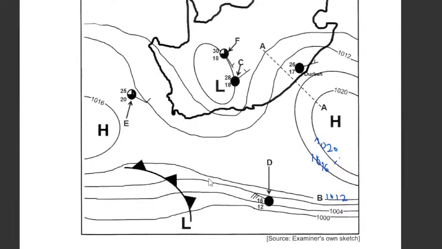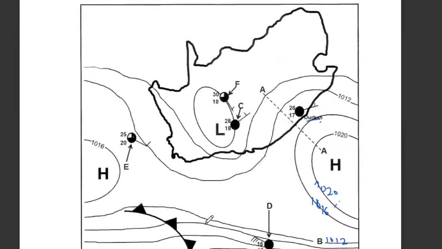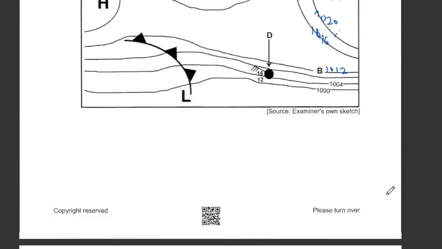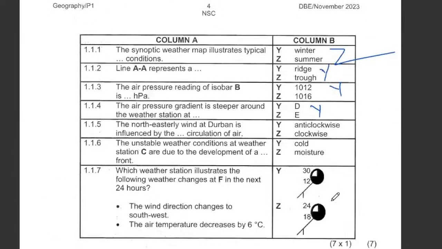Durban is here. Since Durban is here, and it's around the high pressure, low pressure is in the interior here. Simply it tells us that since it's a high pressure there at Durban, we can clearly say that high pressure rotates anti-clockwise in the southern hemisphere, which is why.